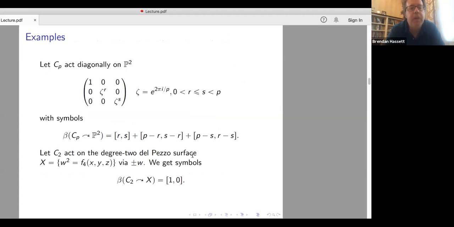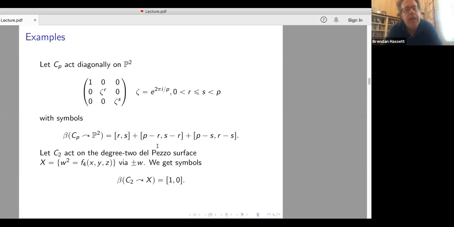Hopefully that won't be too problematic. This action on P2 has 3 fixed points corresponding to the coordinate axes, and in each case I just dehomogenize, look at the weights, and record them here. So this is the easiest example.